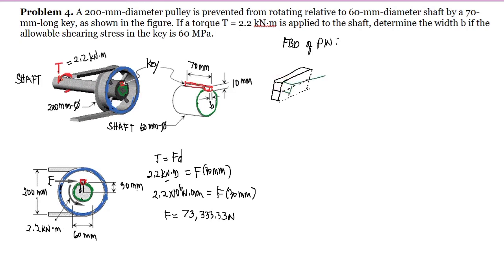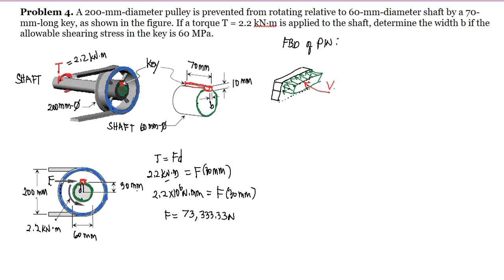So if we are going to idealize the force acting on the key, here it is, and this is a uniformly distributed load. And this force F here is the resultant of that load, which is acting on the centroid. That's according to the definition of the shear stress that I mentioned earlier, that this V here is the resultant of the shear force acting on the area being sheared.